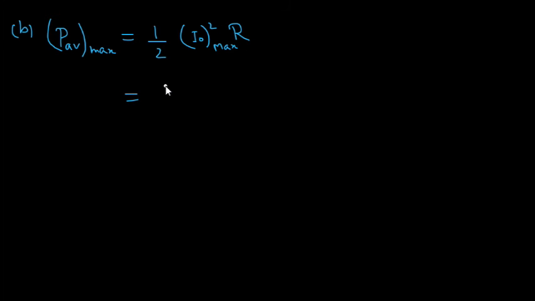Now let us see the next part, part B. Maximum average power absorbed by the circuit, that is P average maximum, is equal to half I naught max square R, which is equal to half into 14.14 whole square into 23, which is equal to 2299.3 watt.